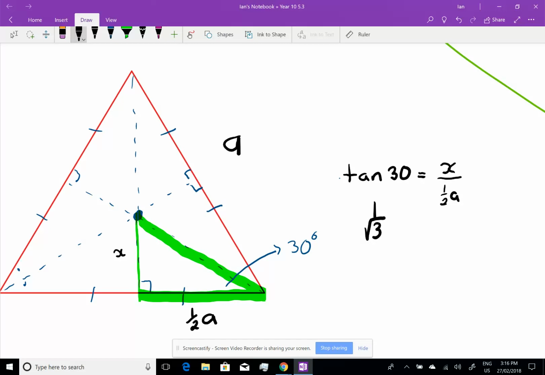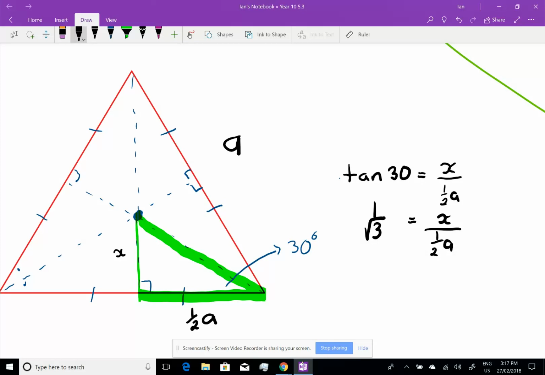You can try it on your calculator, but it is. If you go tan of 30, you get 0.577, and you go 1 divided by root 3, yep, you get the same number. So trust me, it's true. And that equals X on a half A.